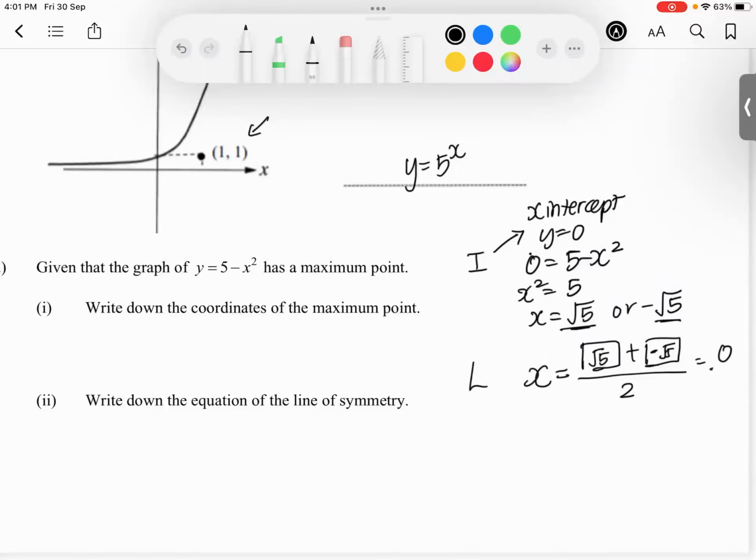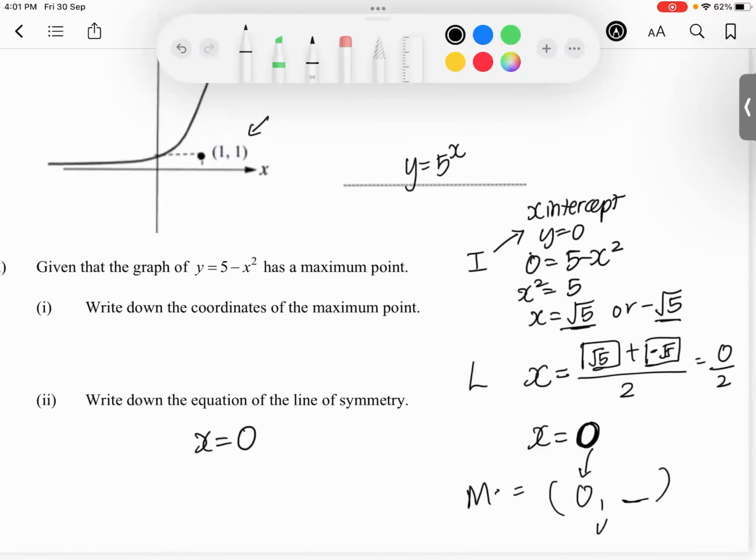It becomes 0 over 2. So the equation of the line of symmetry is actually x equals 0. So this is a symmetrical line. Then last but not least, the maximum point is when x equals 0. How are we going to find the y? We start with y equals 5 minus 0 squared, which is the number 5.